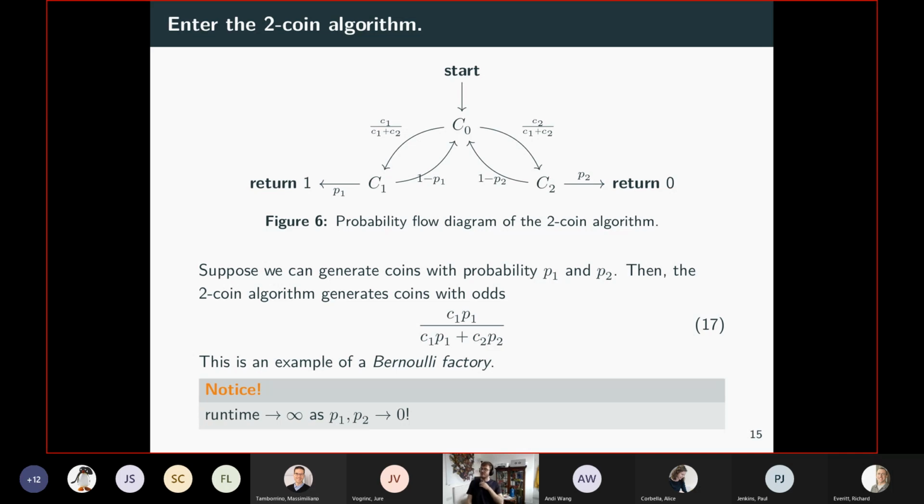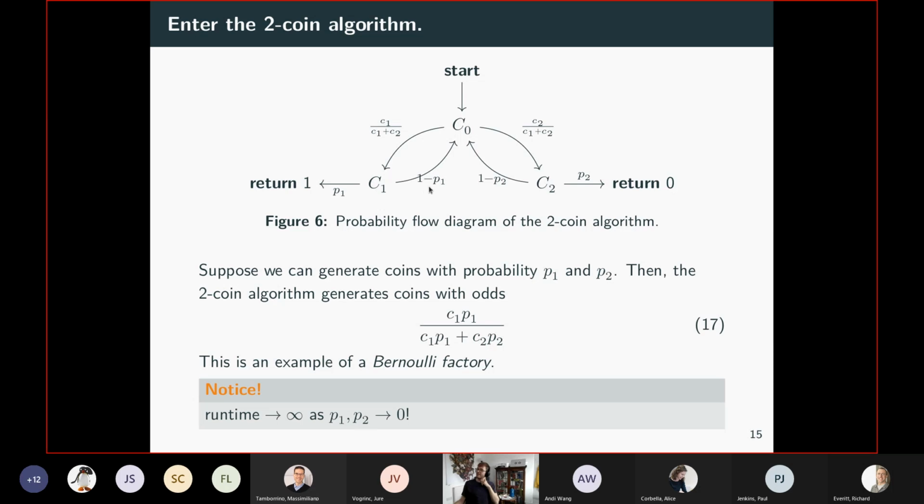Here we assume that these quantities C1 and C2 we can evaluate, and tails with probability C2 over C1 plus C2. And then assuming, for example, that I flip heads, I go on to coin P1, and I return 1 if that coin comes up heads. I return 0 with probability 1 minus P1.